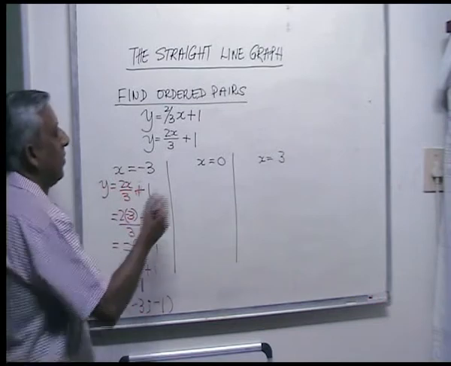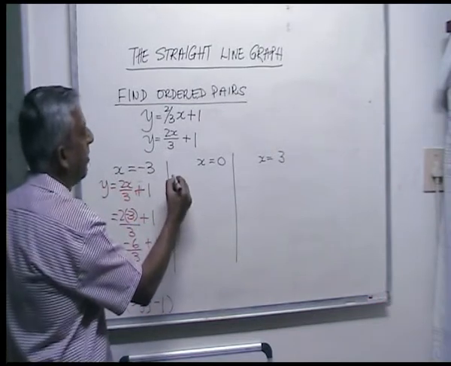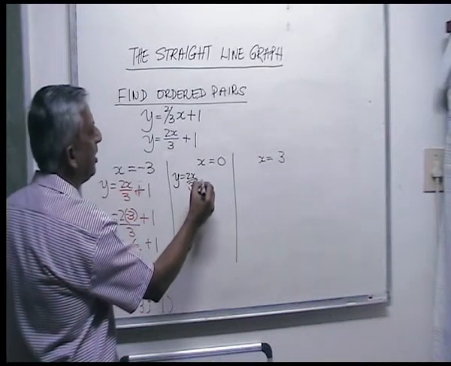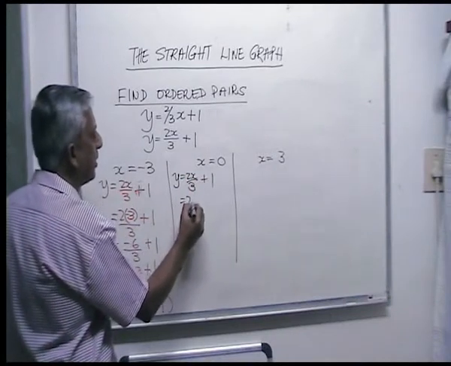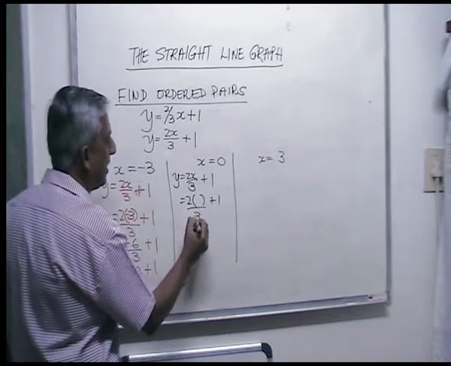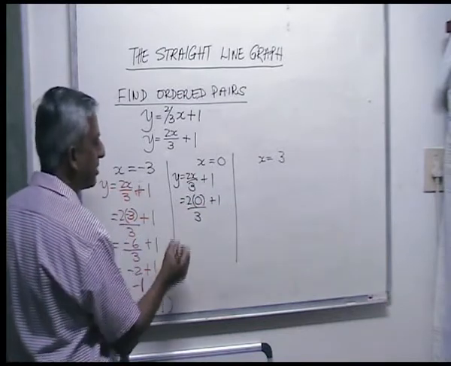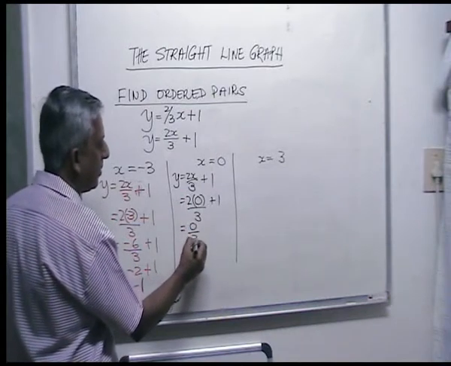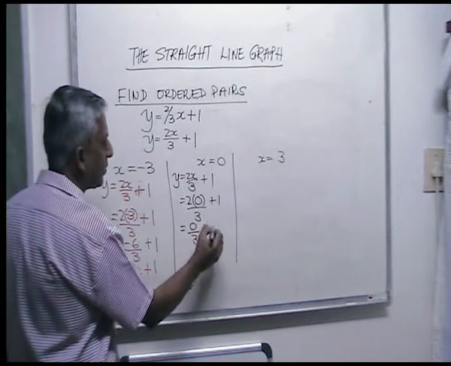Right, when x is 0, no problem, that's your question, 2x over 3 plus 1. So it will be 2 times something over 3 plus 1. And here we're going to put 0. Now 2 times 0 is 0 over 3 plus 1.